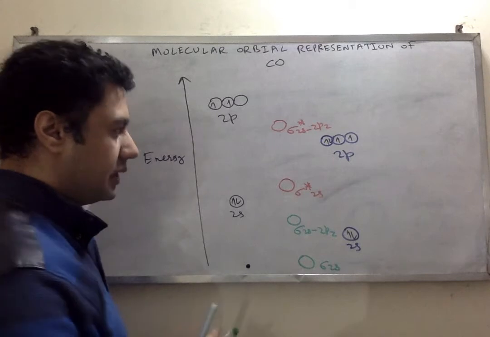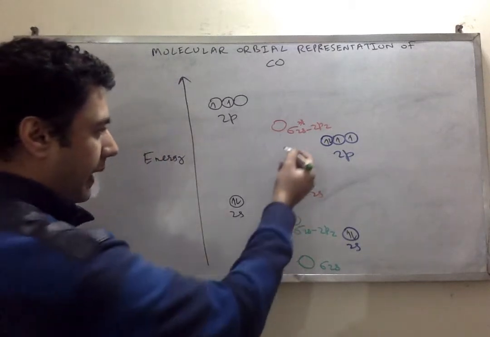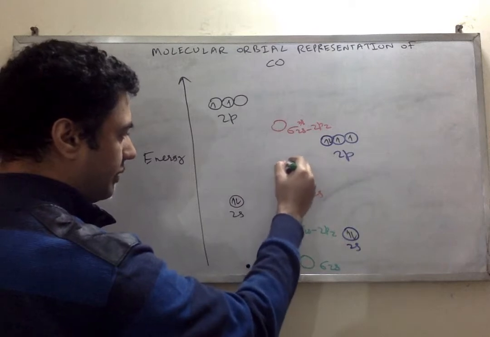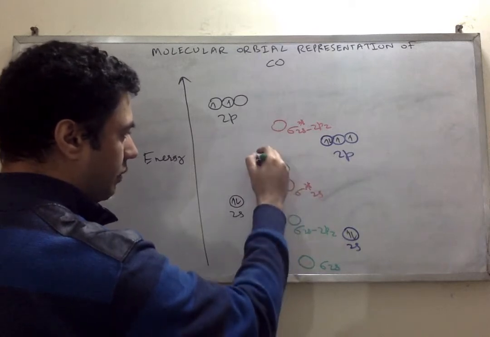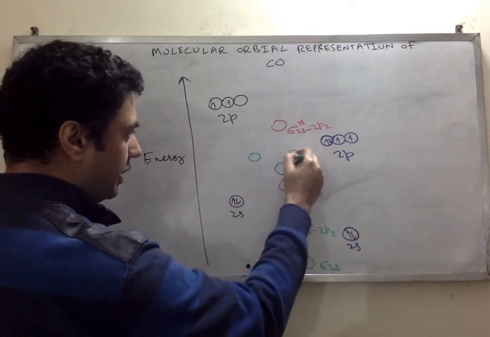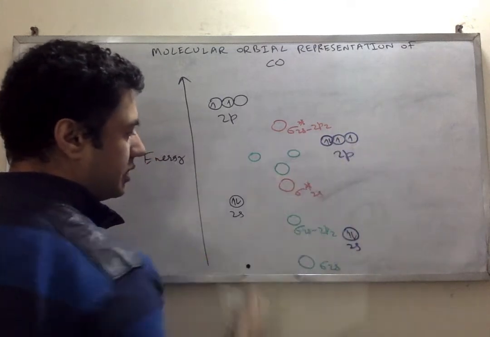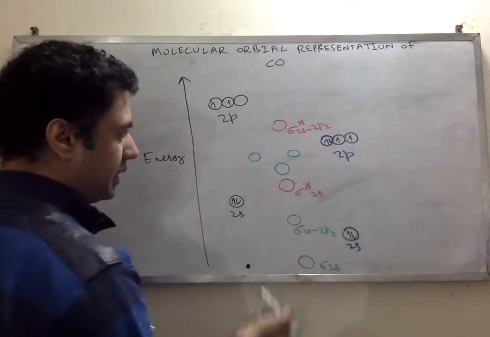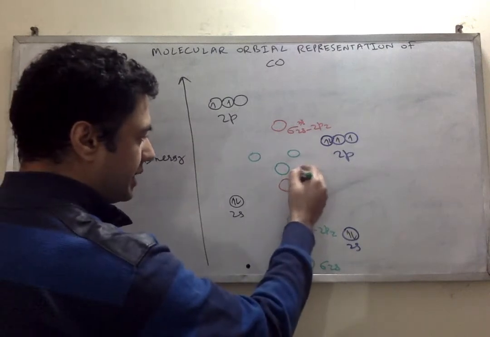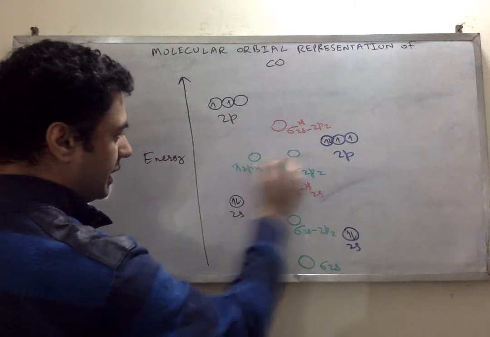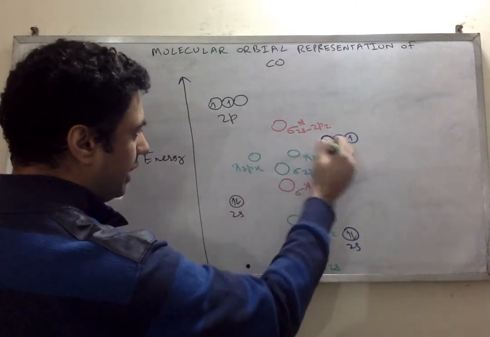Once again we'll stick to the color code, and our bonding orbitals would be like this. We'll have 3 of these bonding orbitals, 1, 2 and 3, and all of these will be at a lower energy than the participating 2p orbitals. This would be sigma 2pz, this is pi 2px, this is pi 2py.